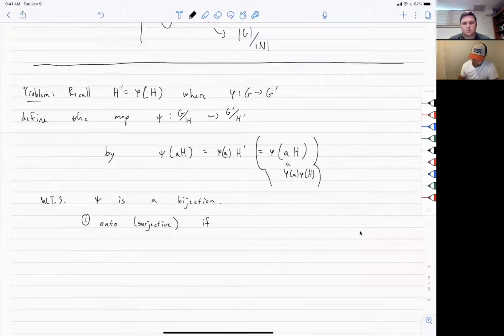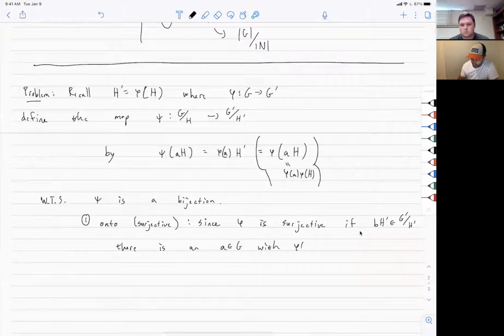So why is it surjective? Well, we have to remember about the correspondence theorem. Phi is surjective. So since phi is surjective, if BH prime is in G prime over H prime, there is an A in G with phi of A equaling B. It's surjectivity.